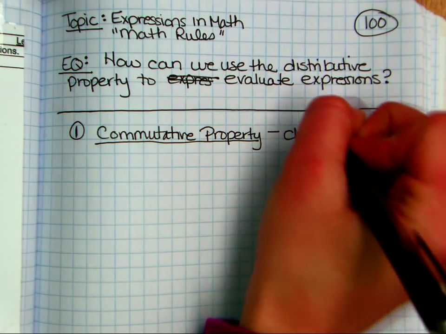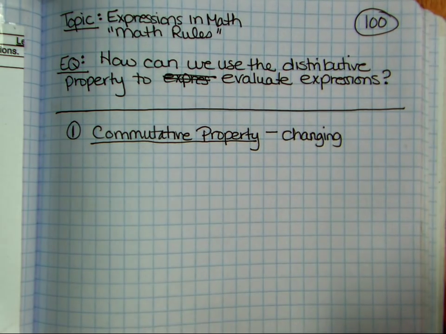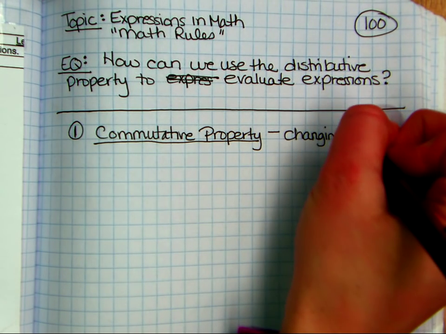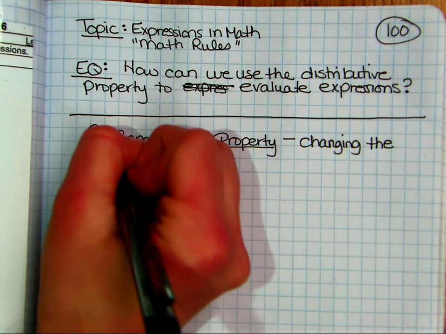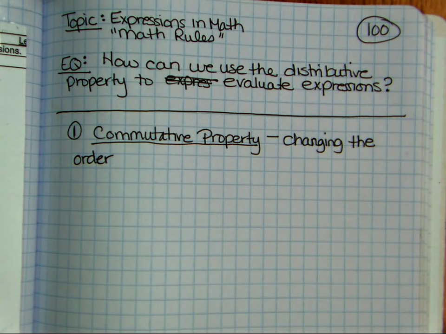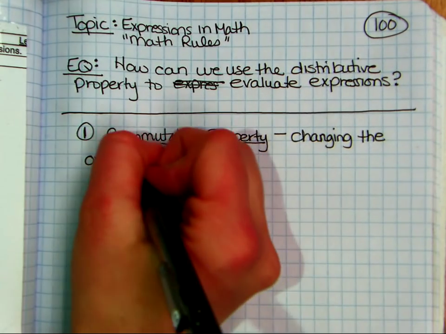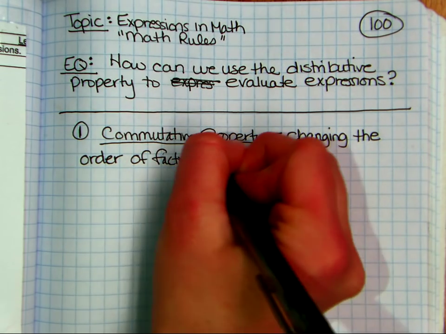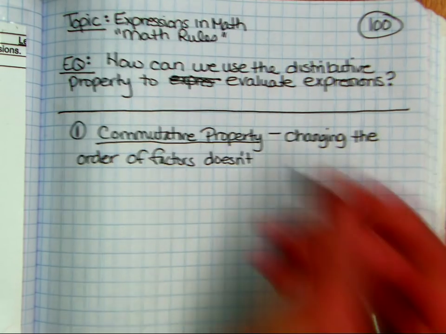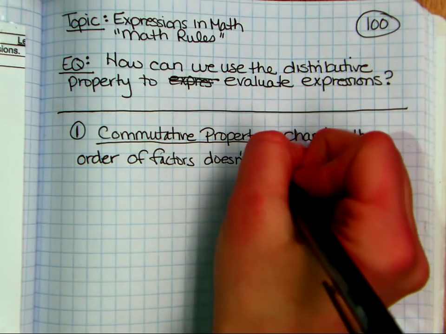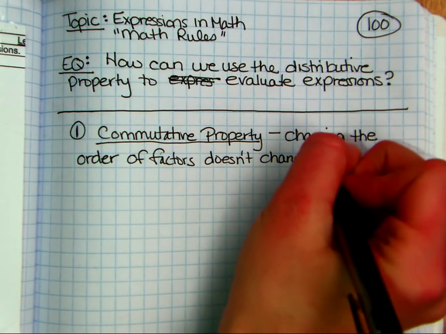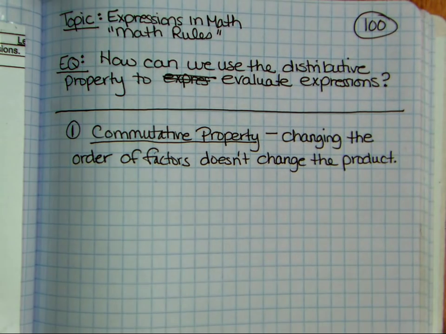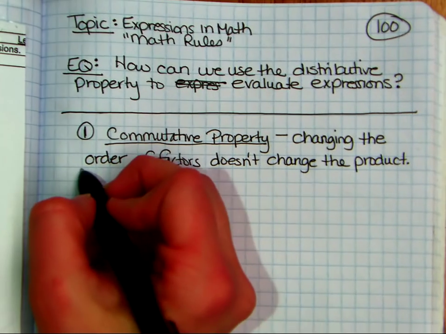So for every one of these, I'm going to write the definition out, and then once I write the definition out, I'll give you an example, which will help you understand what it means. Okay, so what this means, remember we're talking about order.